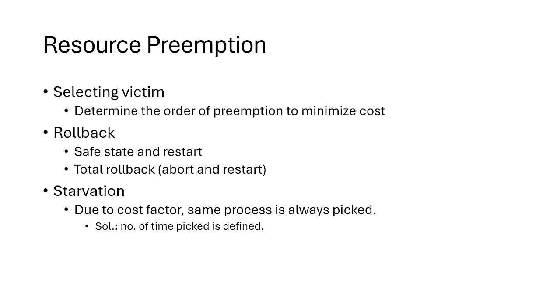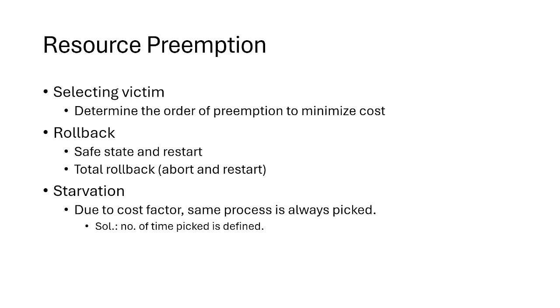The second one is resource preemption. How can we use resource preemption to recover from the deadlock? First, you need to select which process is to be preempted. That process is called the victim. As in process termination, we must determine the order of preemption to minimize the cost.